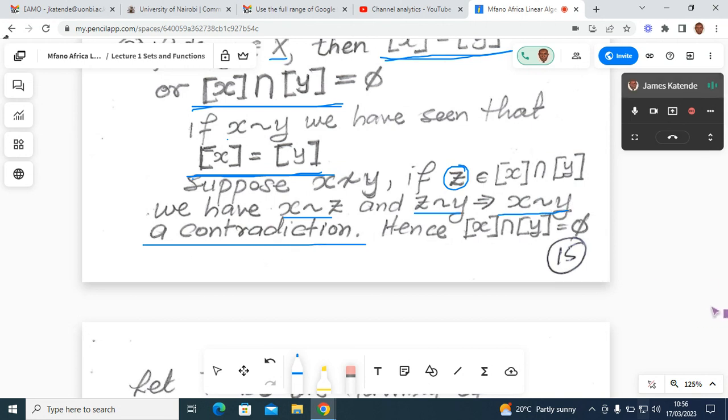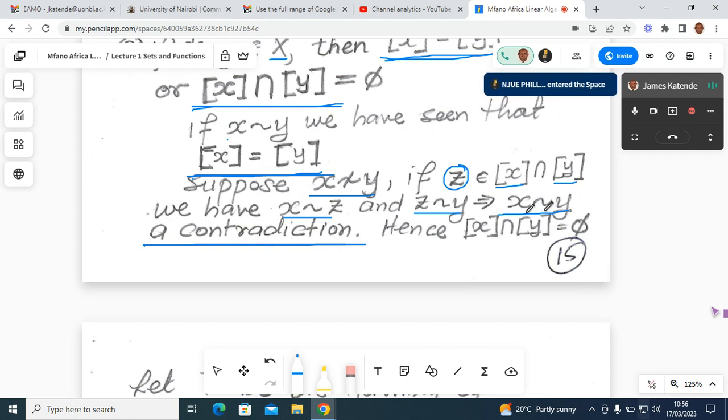So the assumption that the intersection of these two equivalence classes is non-empty leads us to a contradiction. We started off with the statement that x is not related to y, but the assumption that there's an element in the intersection of the equivalence classes of x and y leads us to the contradiction that x is related to y.